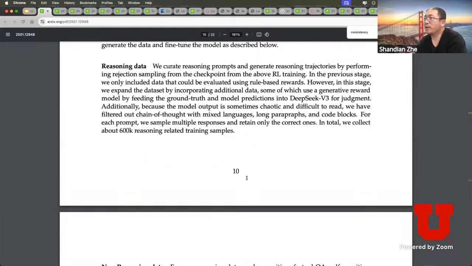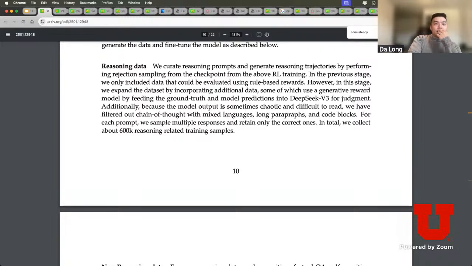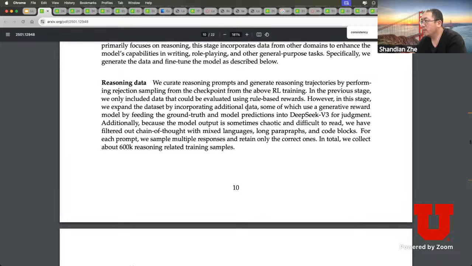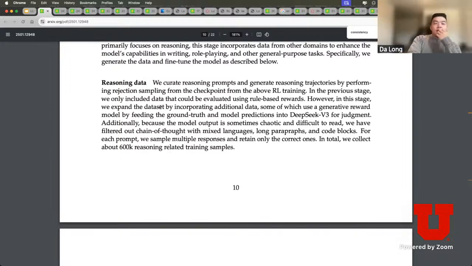Because after your second round of RL training, you have collected some chain of thought data, right? And after that, you have collected another set of reasoning and non-reasoning data, right? So I think it should include the data before. They said they expand the data set.